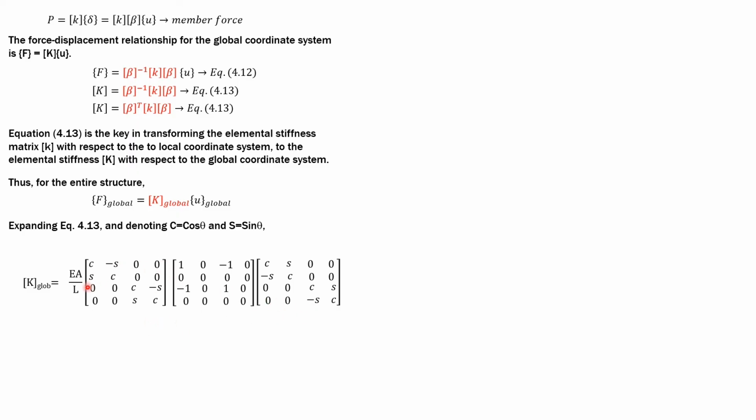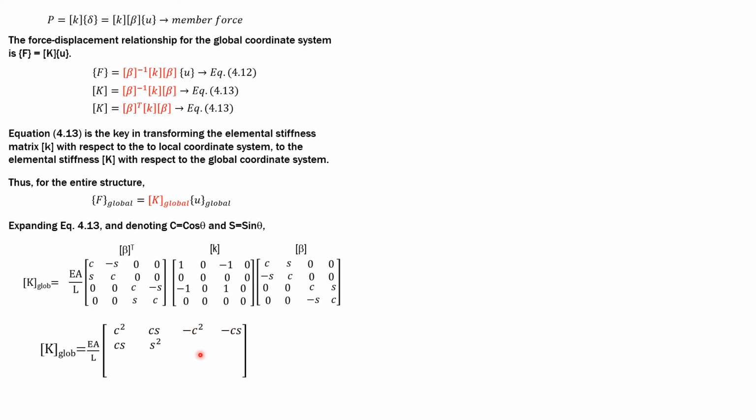So if we simplify this by performing the product, beta transpose times the K matrix times the beta matrix, the result would be easy to remember. So K global equals EA over L times quantity C square, CS, CS, S square.